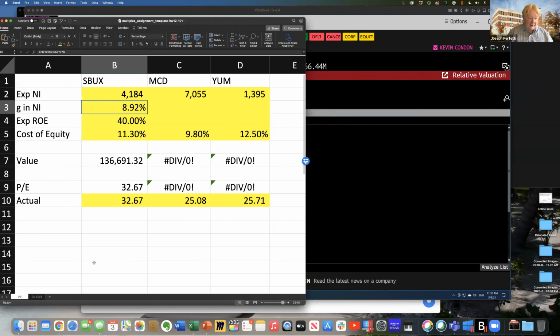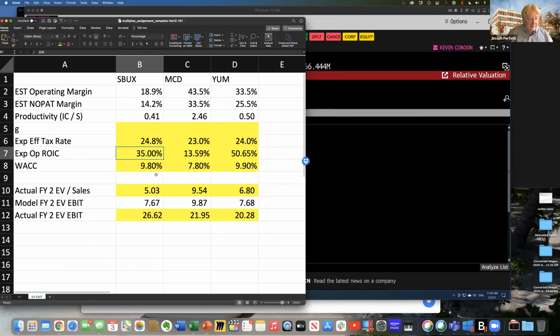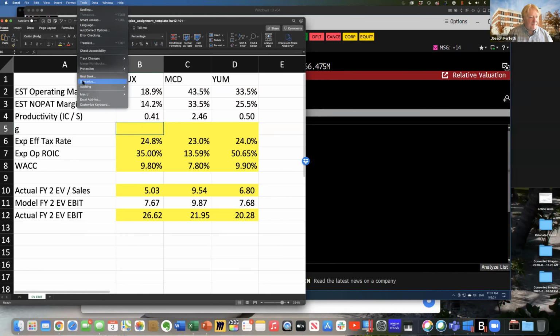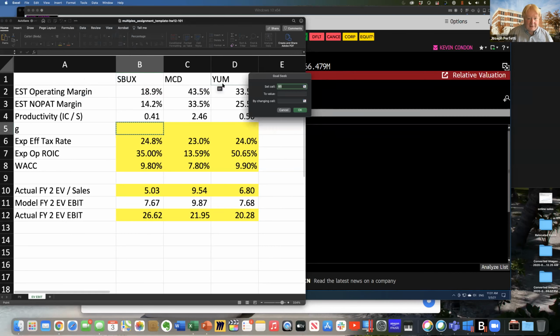All right, we'd be following a similar process for the EV to EBIT. So for this G, we want to get the EV to EBIT here, 26.62.